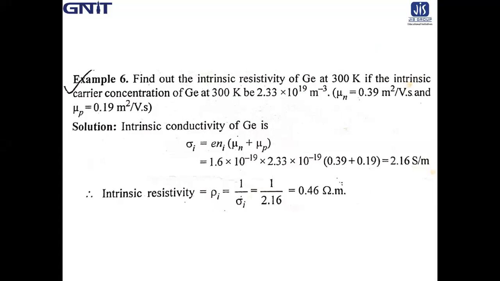Find out the intrinsic resistivity of germanium at 300 Kelvin if the intrinsic carrier concentration of germanium at 300 Kelvin is 2.33 into 10 to the power 19 per meter cube, where mu n is equal to 0.39 meter square per volt second and mu p is equal to 0.19 meter square per volt second.